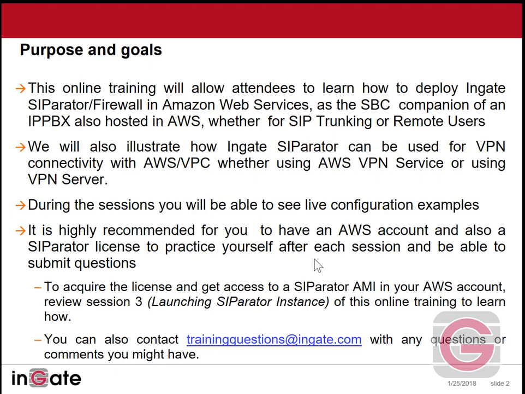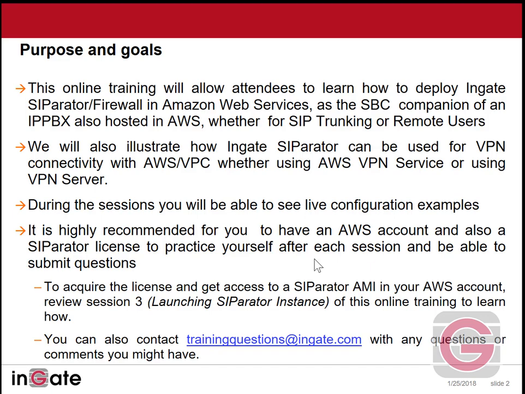I highly recommend for everyone attending this training that before moving forward to the sessions, you have your own AWS account. There is a very easy way to obtain an account. There is a free tier where you can take advantage of almost zero cost for you.